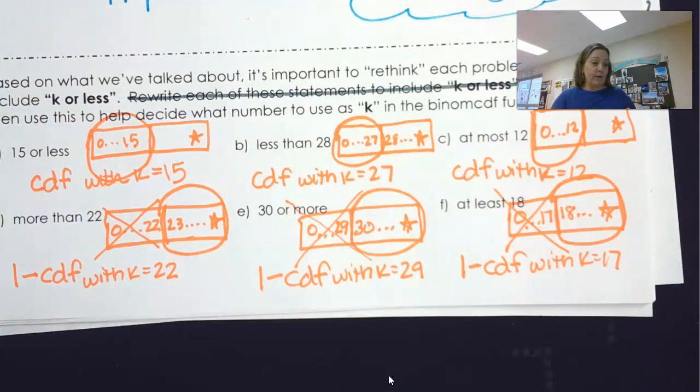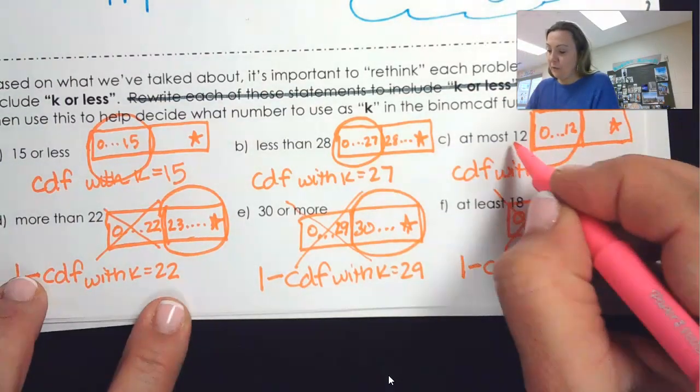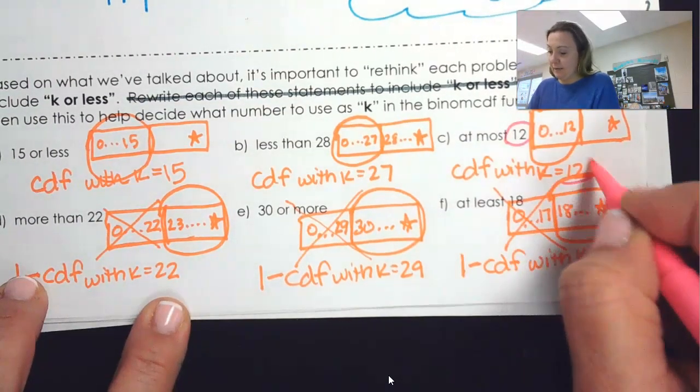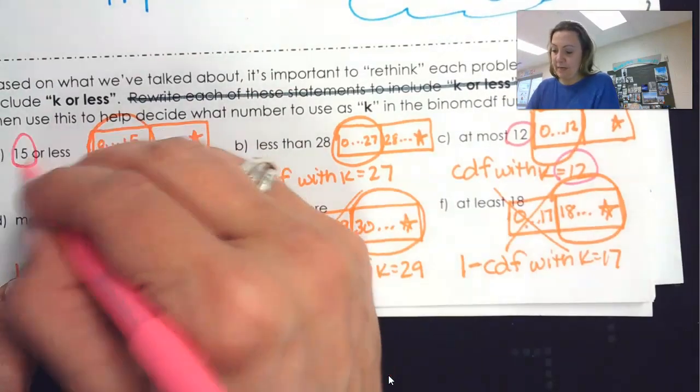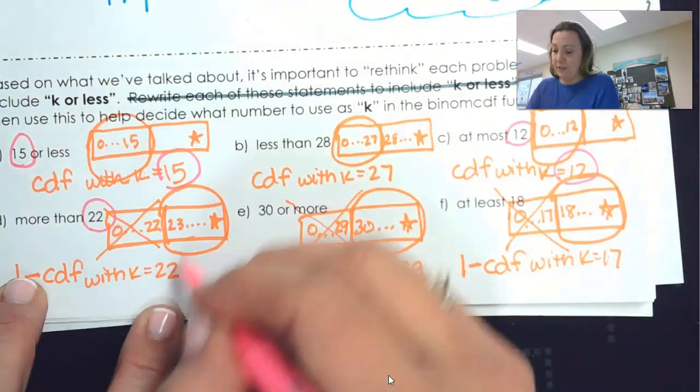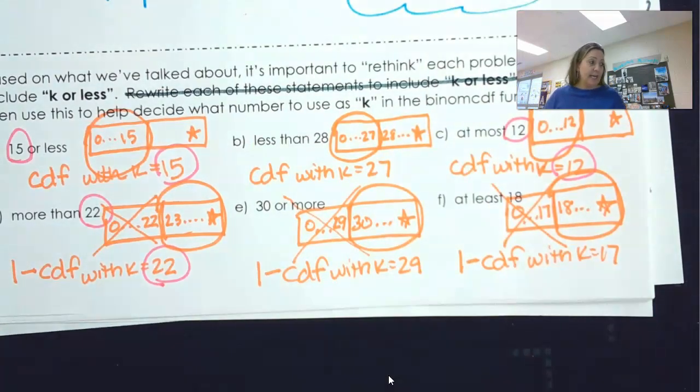I just want to point out that sometimes these numbers are the same. So notice here, the numbers are the same, right? Here the numbers are the same. But there are times when they are not the same.